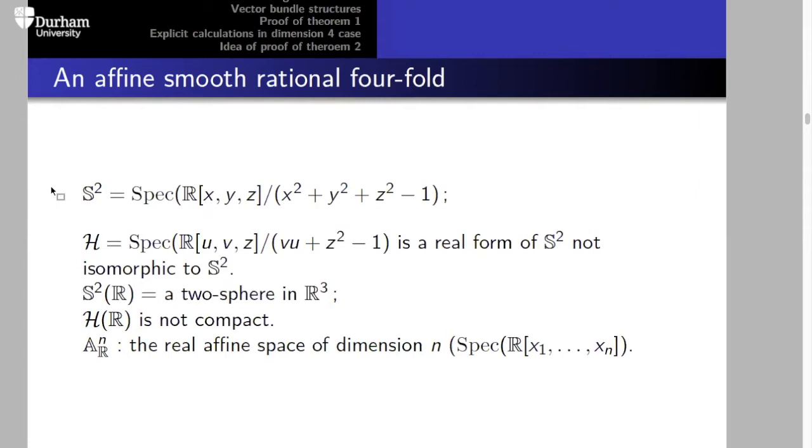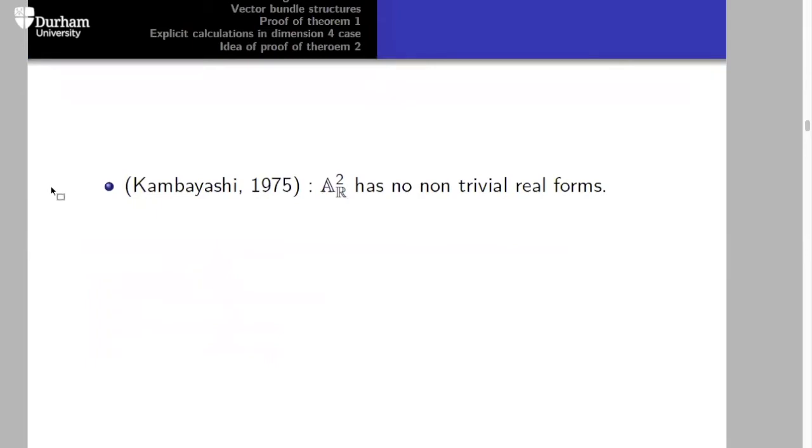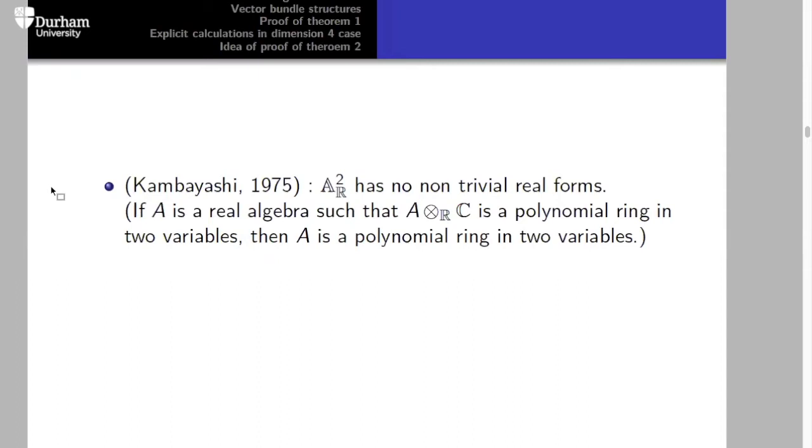The other real affine varieties that interest me are real affine space, Spec of the polynomial ring. Now, Kambayashi in 1975 showed that the real plane has no non-trivial real forms at all. Another way to say this is if you take a real algebra A such that when you tensor with C, you get a polynomial ring in two variables, then A was originally a polynomial ring in two variables.